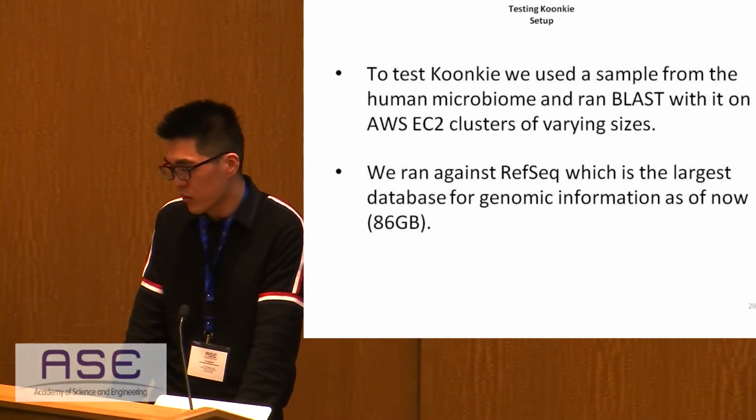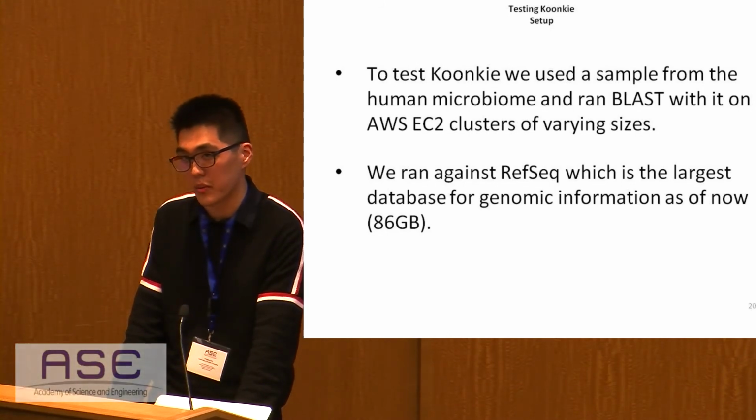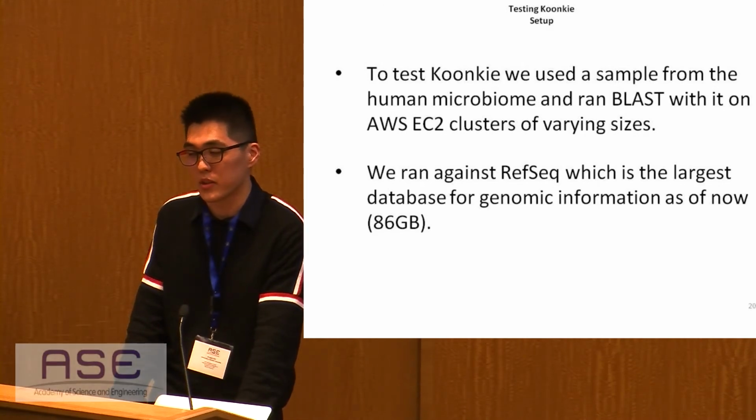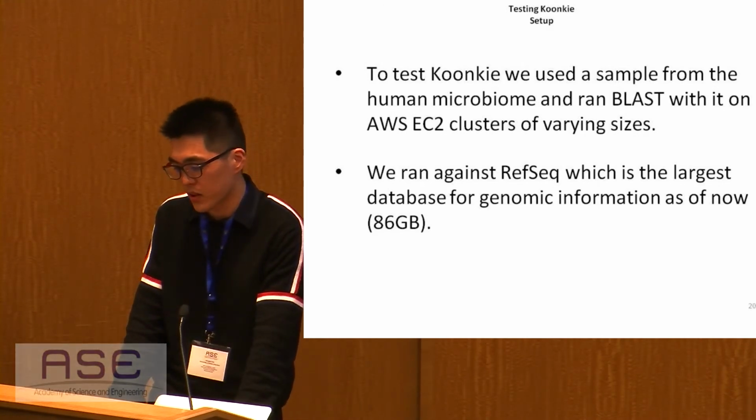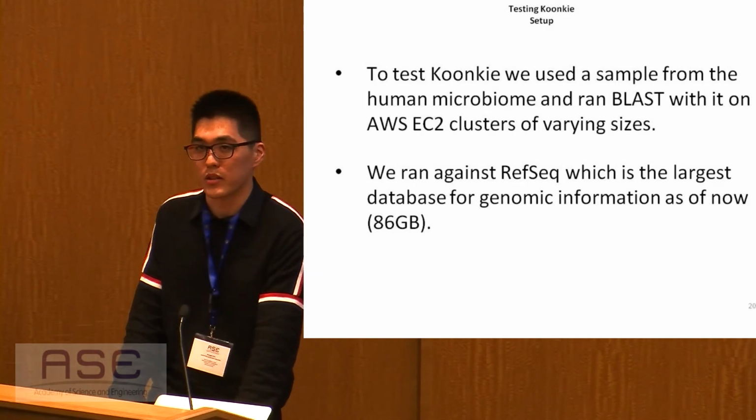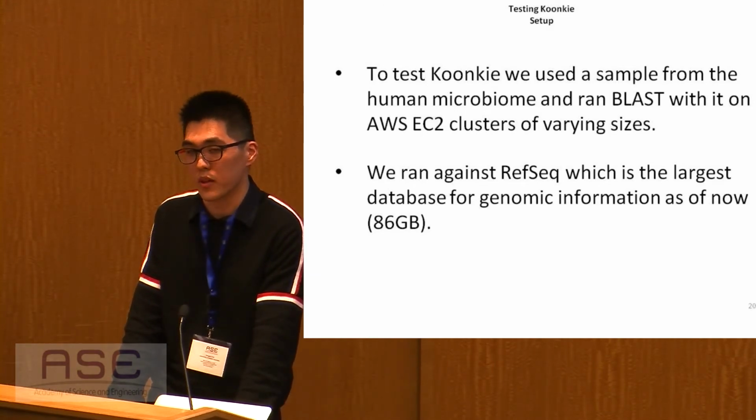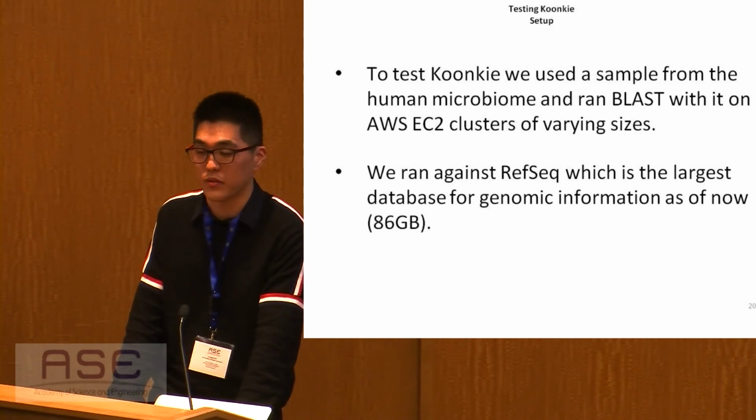There are various tasks in the metagenomic pipeline, but we specifically concentrated on BLAST, because BLAST is a large homology search algorithm, which depends on very large databases and very large query sets.